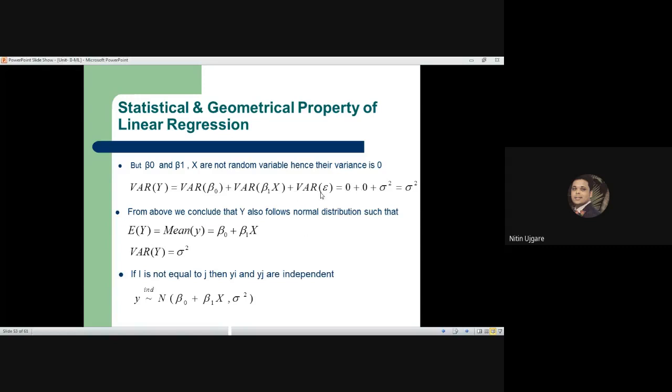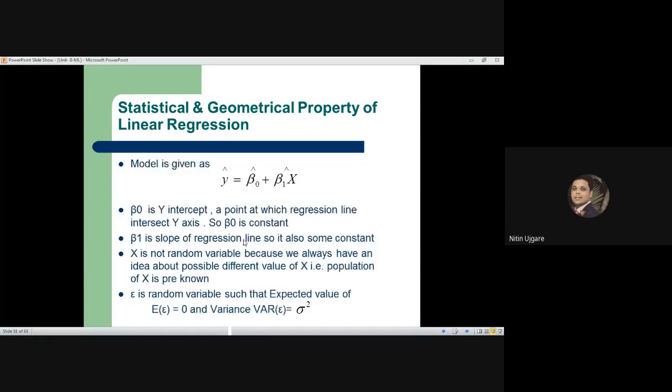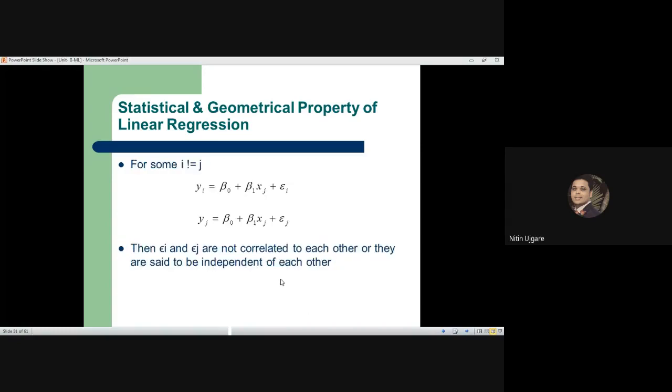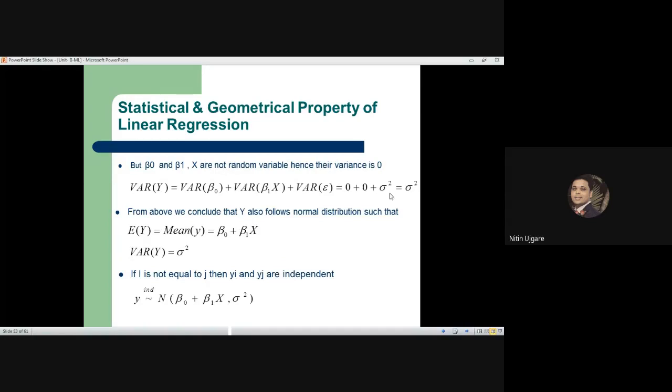What is left is the variance of the random error component epsilon, which we represented as sigma square. So putting it into this equation, 0 plus 0 plus sigma square is equal to sigma square. So the variance of y is always sigma square, which is nothing but the variance of the random error component.